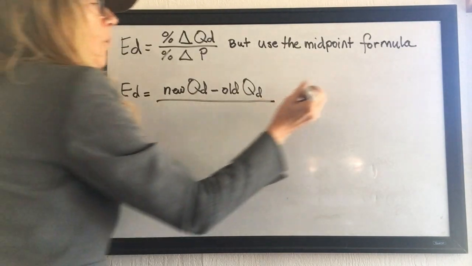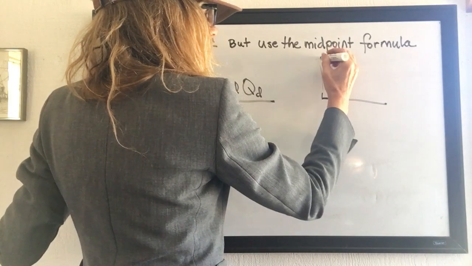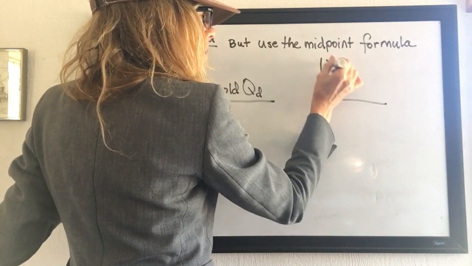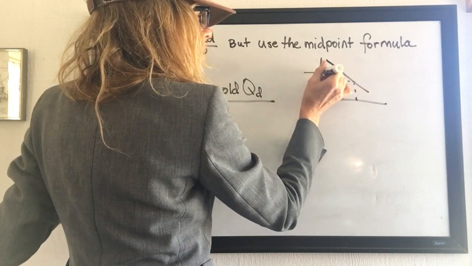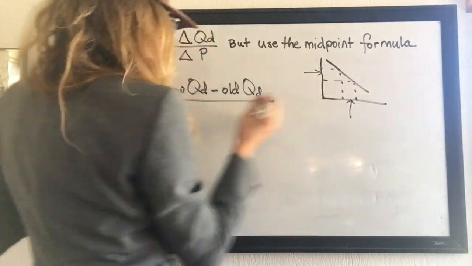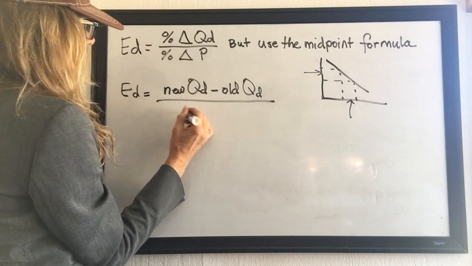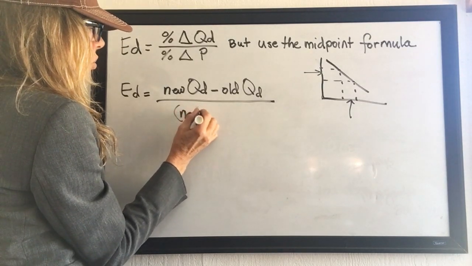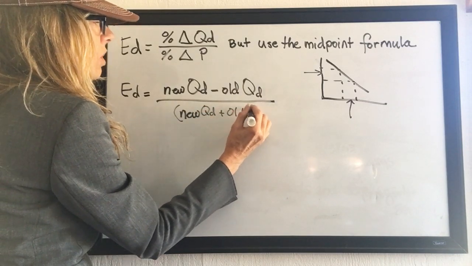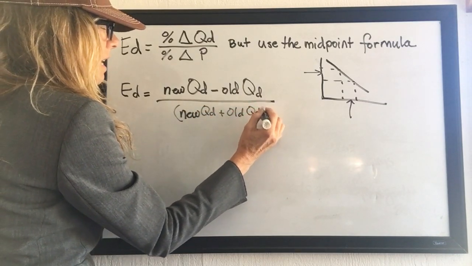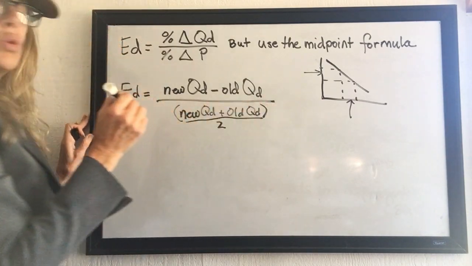But here, we're going to take that midpoint between two prices and two quantities. So we're going to get an average on this part of the equation, and we're going to take the new quantity demanded plus the old quantity demanded and divide that by 2.